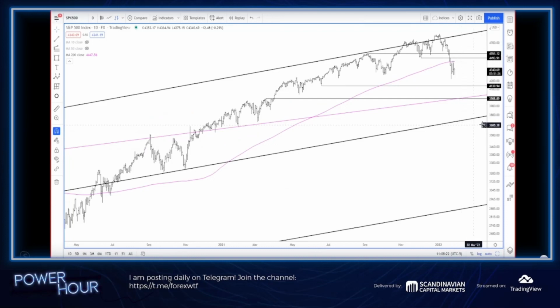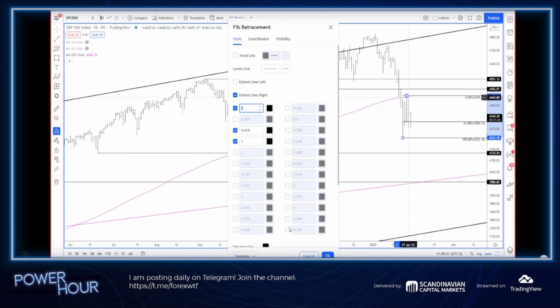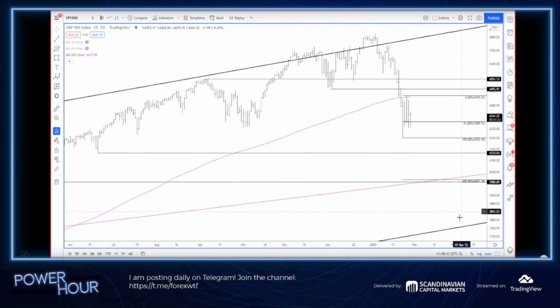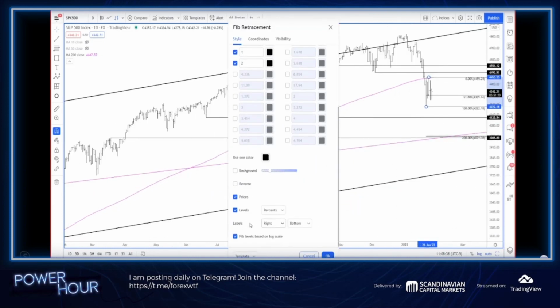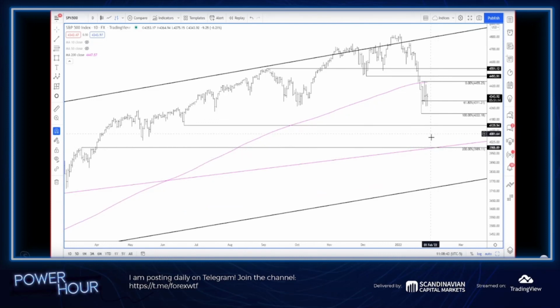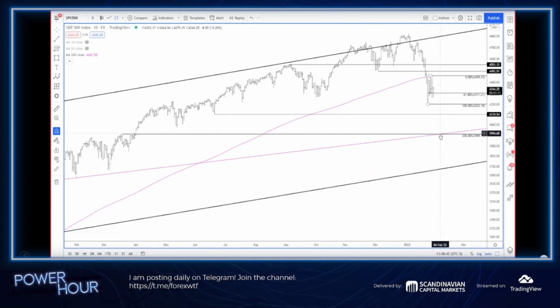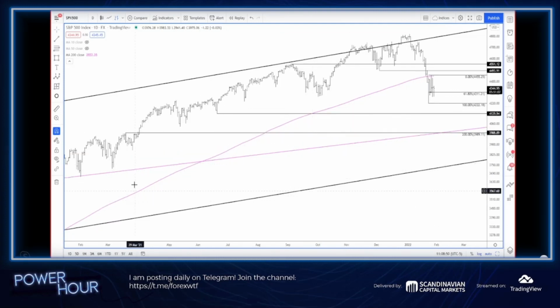What's interesting here too is that if we take this range that we've had this week, right, and just do a measured move, here's a measured move. That gets us to the exact same level, okay? Literally the exact same level, 39.89. So to me, that is a level that I would circle. I would draw it on your piece of paper and put it on your desk, just so you know that 39.89, 39.90 is huge, okay?